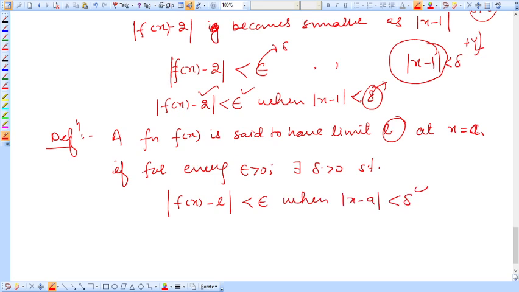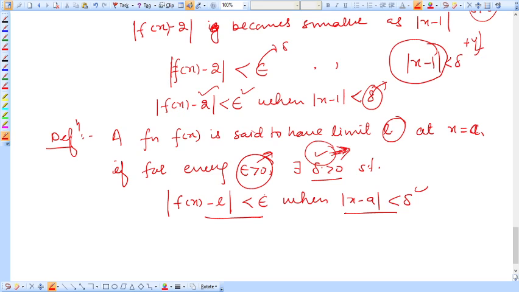For this positive number epsilon we are getting this delta such that this difference is less than epsilon when this difference is less than delta.